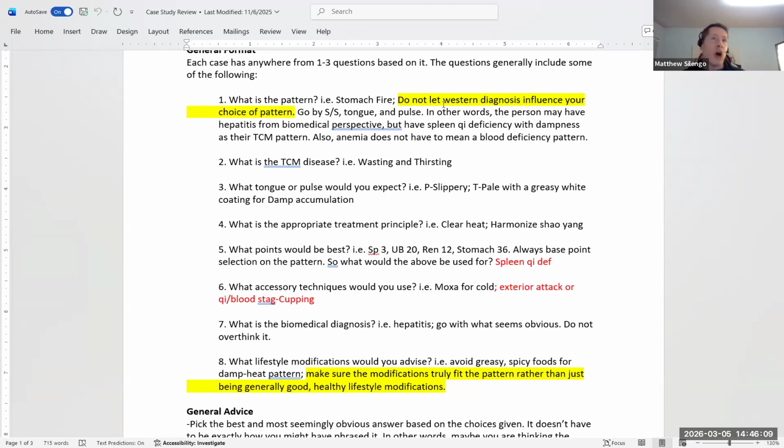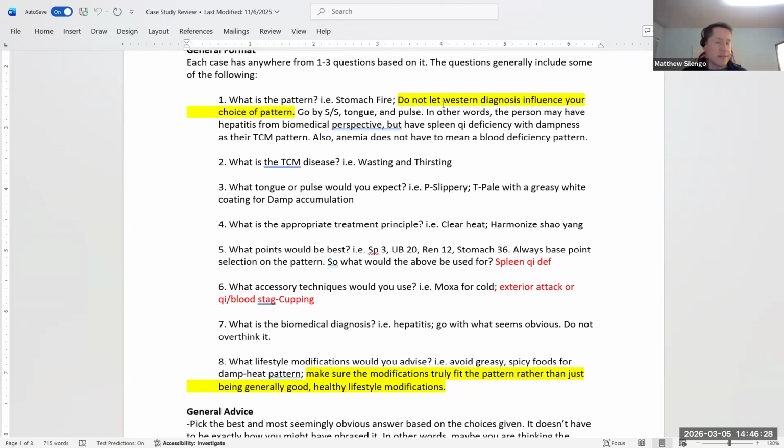You know, jaundice, for example, where the person has a yellowish discoloration due to, say, hepatitis from a biomedical point of view, in TCM, we might look at that as accumulation of dampness due to spleen deficiency. Again, it just depends on the signs and symptoms.